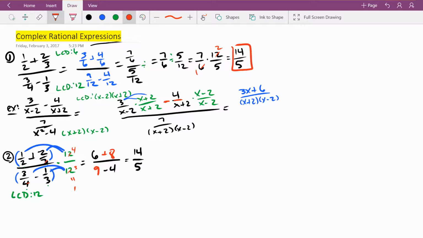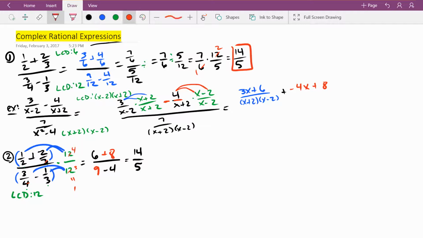We could do minus this whole thing, but I want to get rid of that negative now. So minus 4 times x, and then negative 4 times negative 2. Negative 4x plus 8. That's why I changed it to plus. You could save the minus for later if you want. You'd have 4x minus 8.